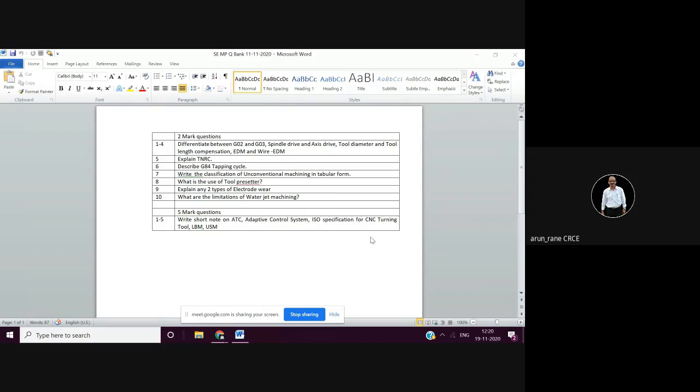First, you have to introduce why: so that it is easy to understand at international level, and it is also easy to purchase. So this two-line introduction has to come. Then you can write a typical ISO specification for OD turning tool, or you are free to write for ID turning tool, or for the boring bar.